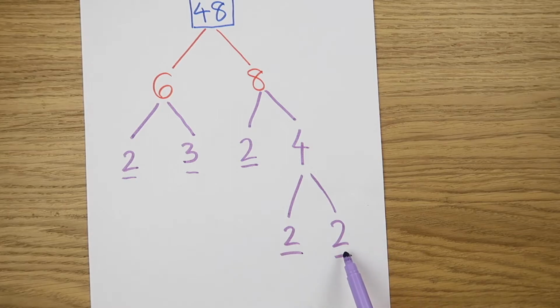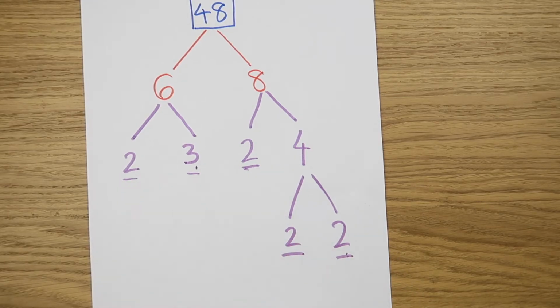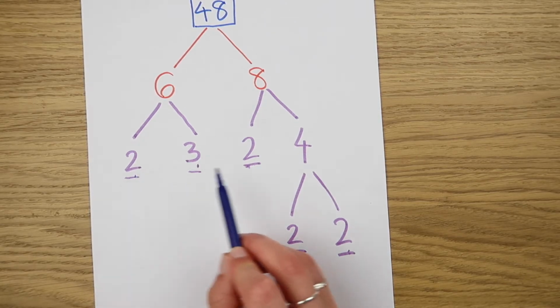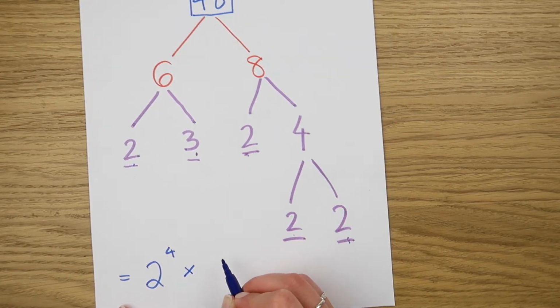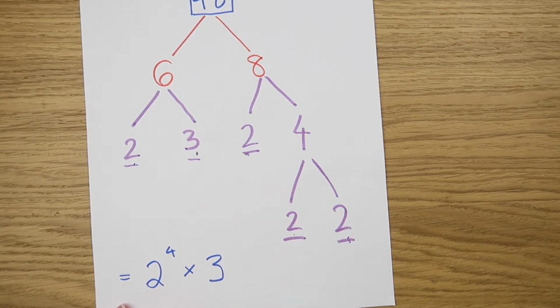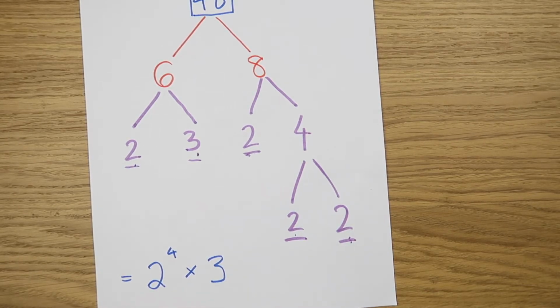So now all of the very ends of my branches are the prime factors. And writing this in index form, because I've got 1, 2, 3, 4 2s, it's 2 to the power of 4 times, and then there's only 3 there, so that will be 3.